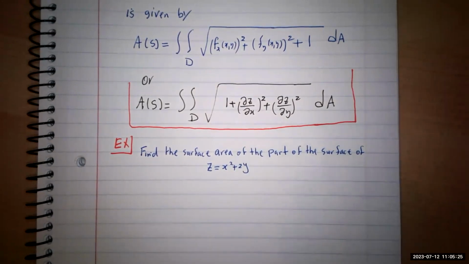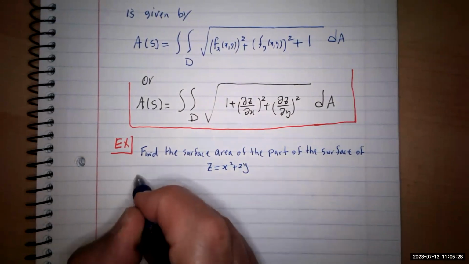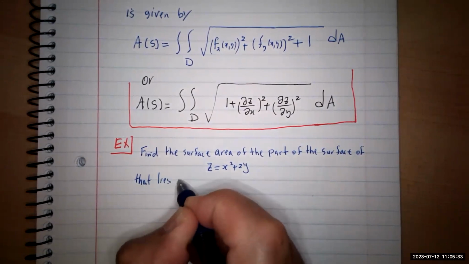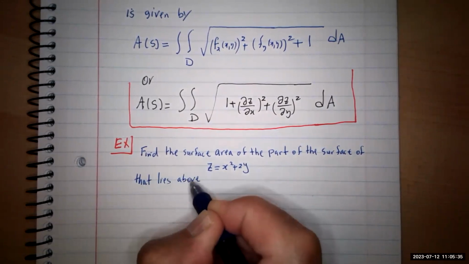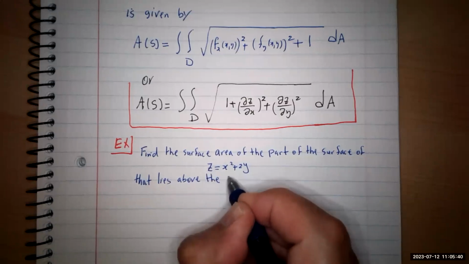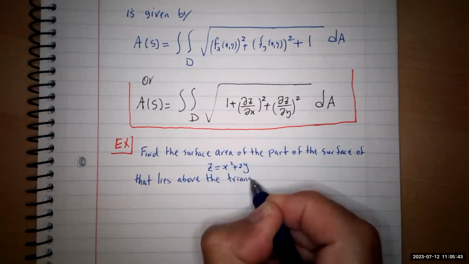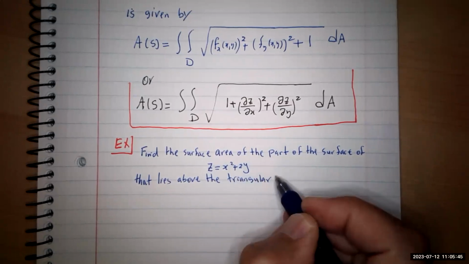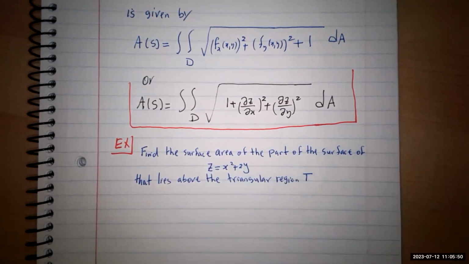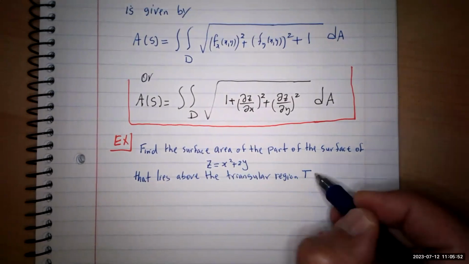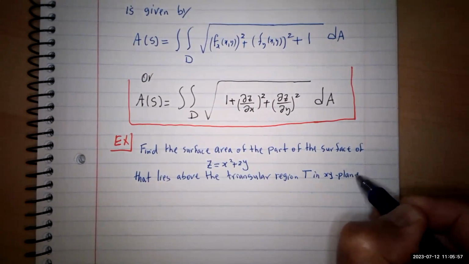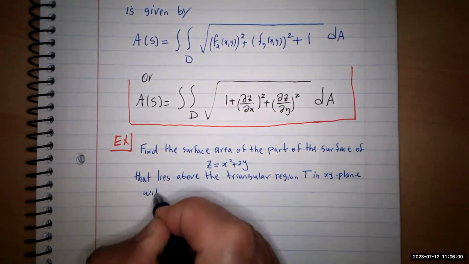Okay, you can use a graphing calculator to graph it. That lies above the triangular region, region T, this is where you want to integrate in the XY plane, with the following vertices.